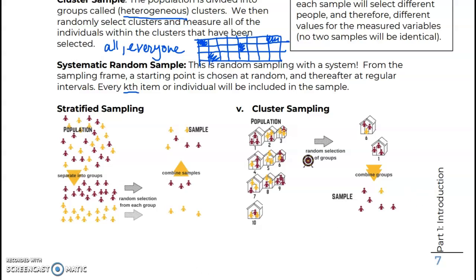Now, all these sampling techniques are good sampling techniques, so they should result in a representative sample, as long as our sampling frame is very similar to our population. Now, if we're just choosing part of the population, then it could create some problems as well.